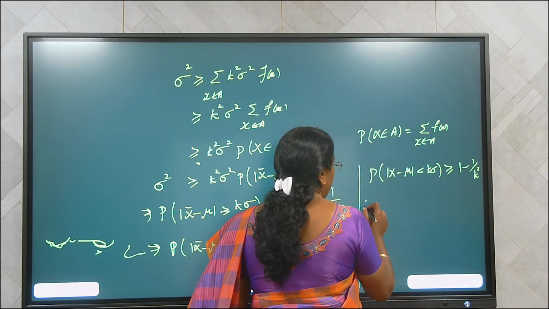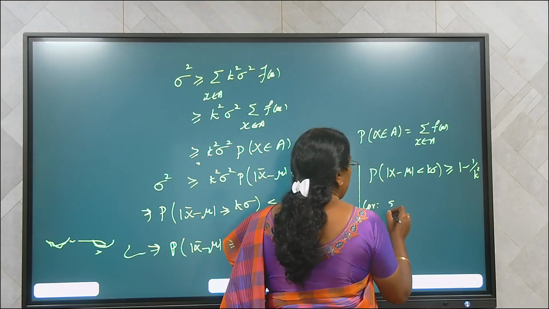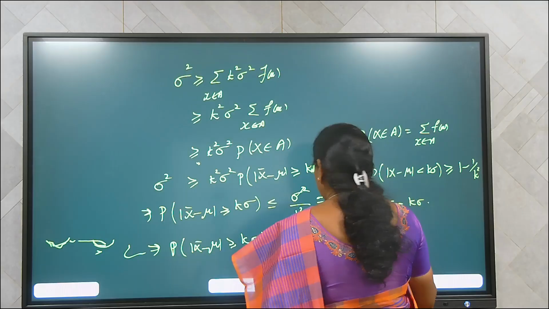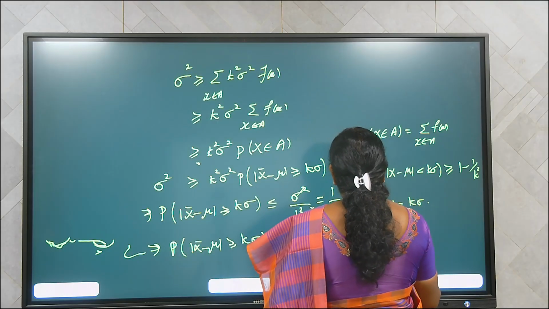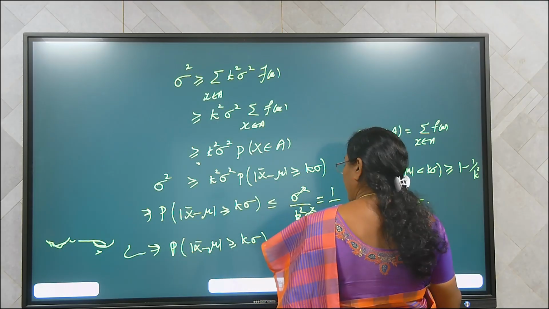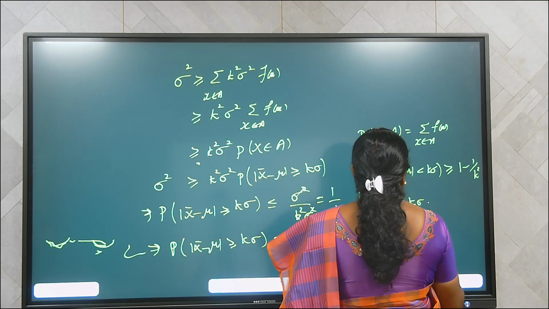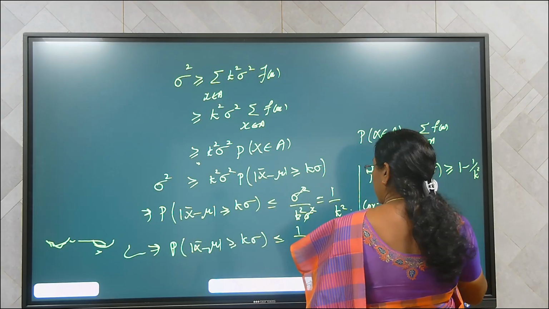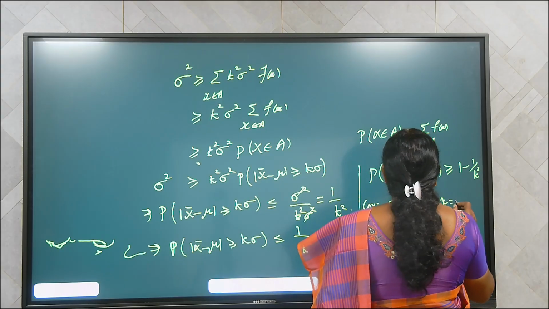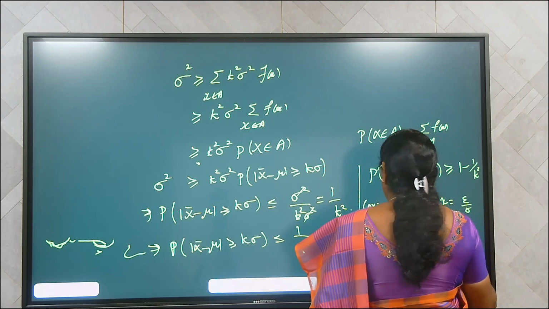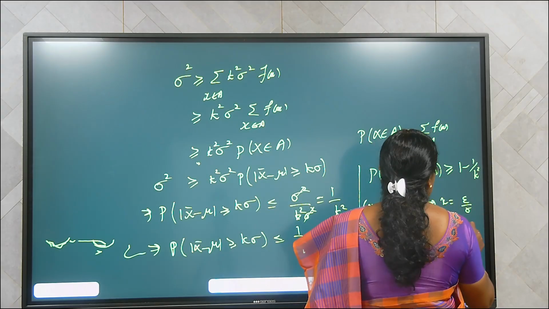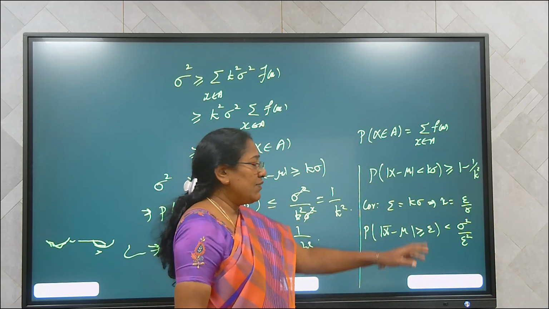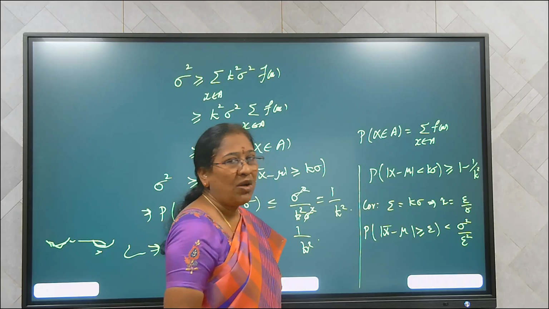Next, we have a corollary. Substitute epsilon equal to k sigma. In this case, we have probability of modulus of x bar minus mu greater than or equal to epsilon is less than or equal to 1 by k square. From this we can write k equal to epsilon by sigma, so substituting, this becomes sigma square by epsilon square. By defining the value of epsilon, we can find the probability.